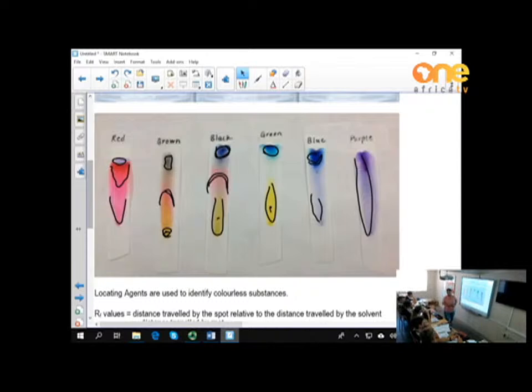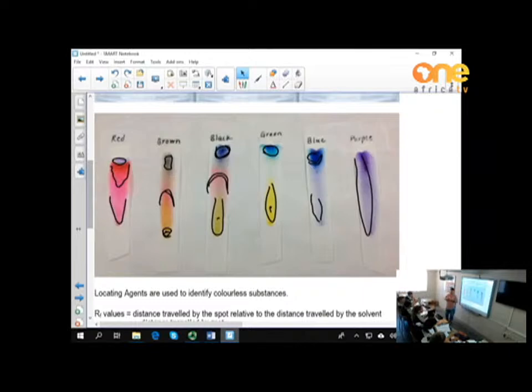If I want to test a sample of urine, for example, there shouldn't be lots of sugars and proteins in your urine. So I can take a sample of urine and do a chromatogram, and the different salts that are dissolved in the urine will separate out on a chromatogram sheet.